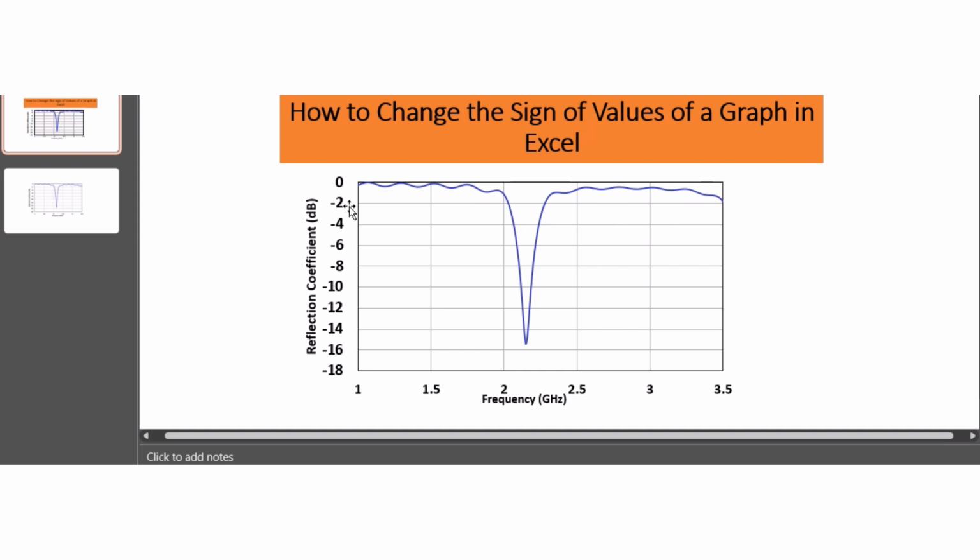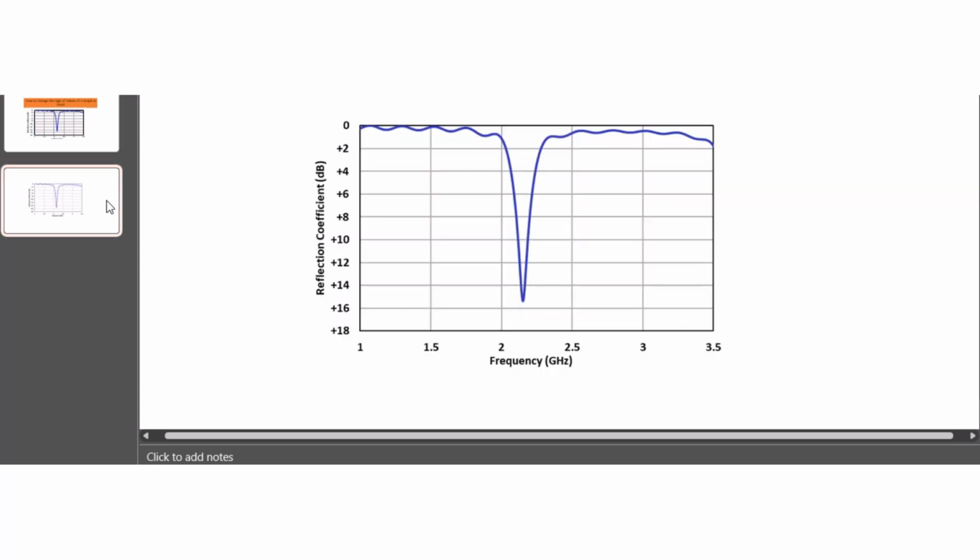If we convert this minus to positive in Excel, definitely the shape of the graph will be disturbed, and we will not get this graph in its original shape.